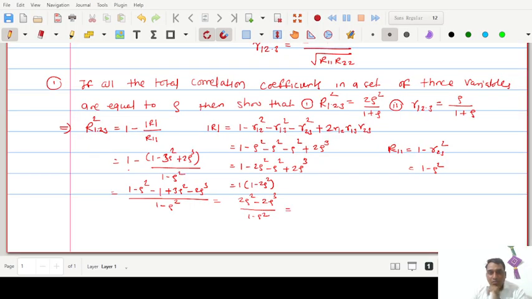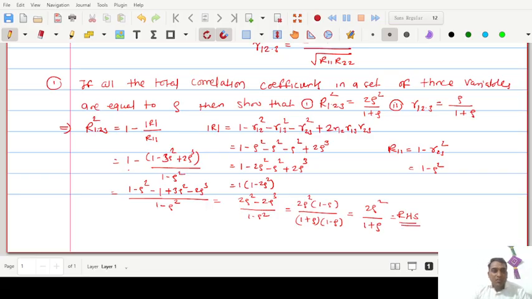If you take 2 rho square common, what remains is 1 minus rho, and the denominator we can write as 1 plus rho into 1 minus rho. One term gets cancelled, and we finally get 2 rho square upon 1 plus rho. This is your RHS.